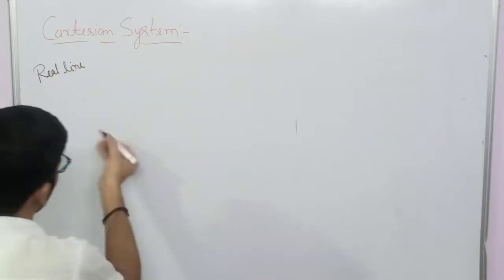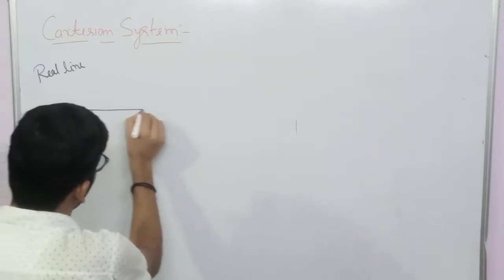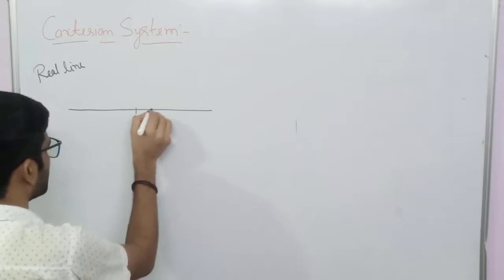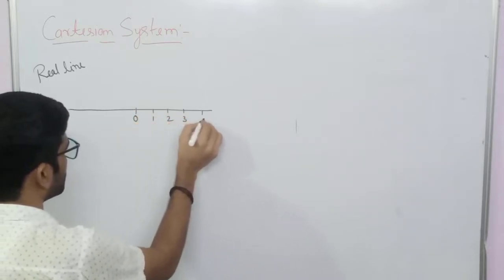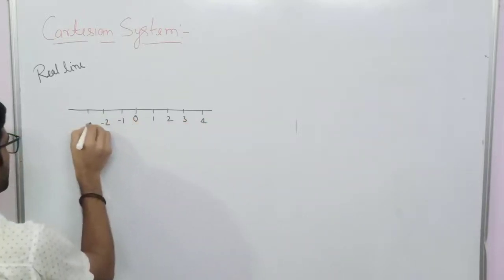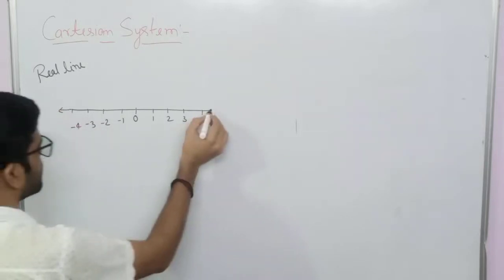So let me draw a real line like that. This is 0, 1, 2, 3, 4, and -1, -2, -3, -4.